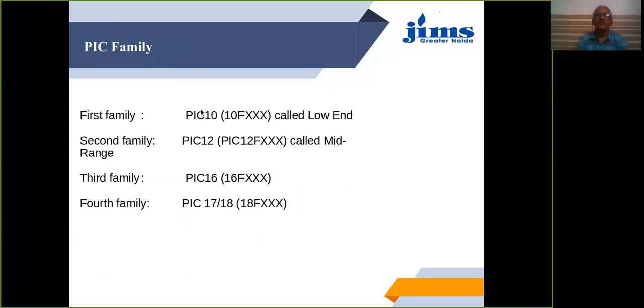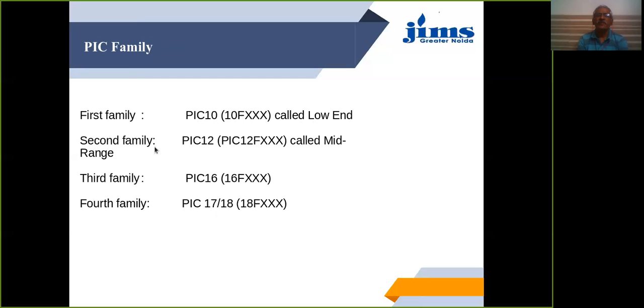These families depend upon the series of the controllers. The first family, the initial series, was the PIC10, that is the PIC10F series. It is also called a low-end microcontroller.